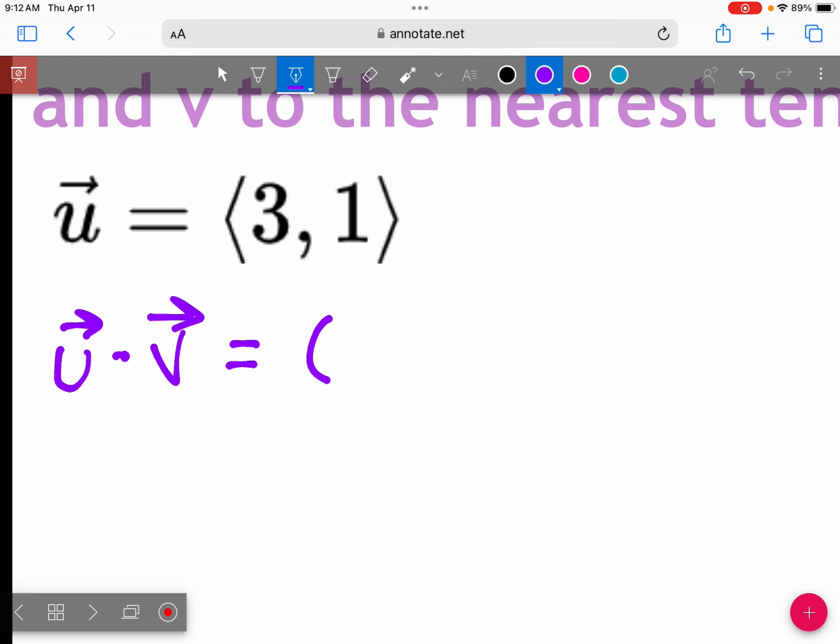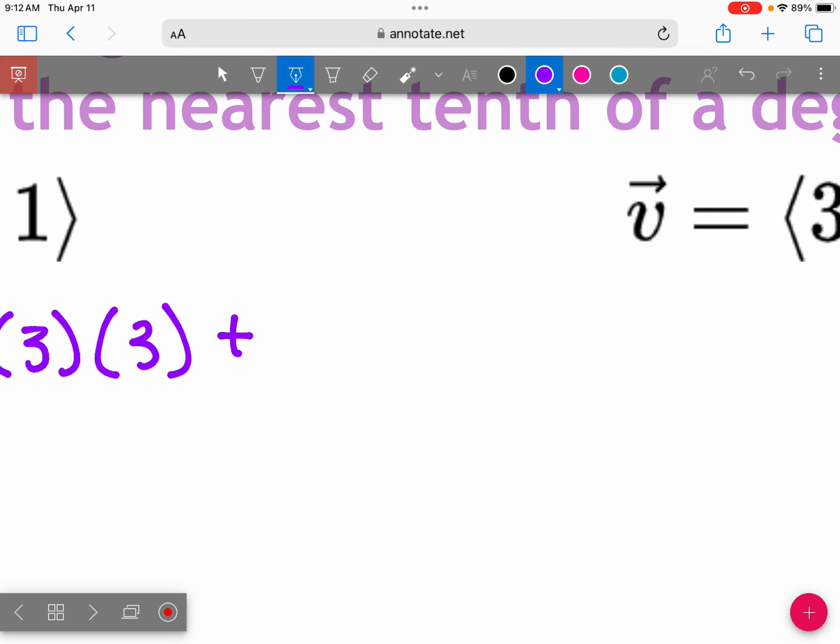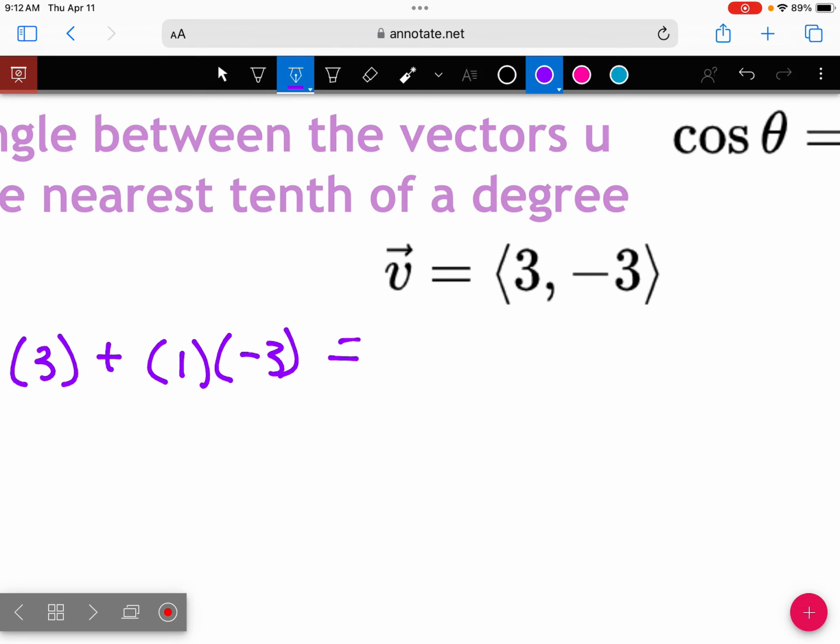And that's when we take our x's, 3 times 3, and add it to the product of the y's, 1 times -3. So that's going to give us 9 minus 3, which is 6.